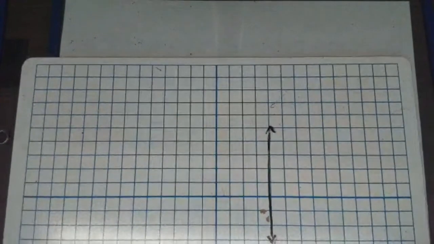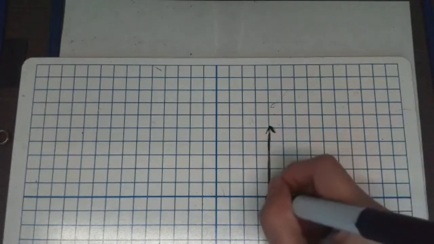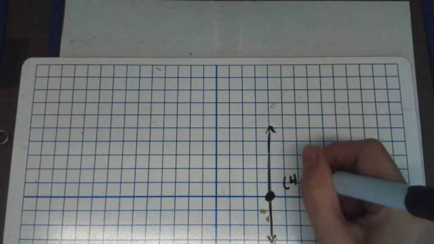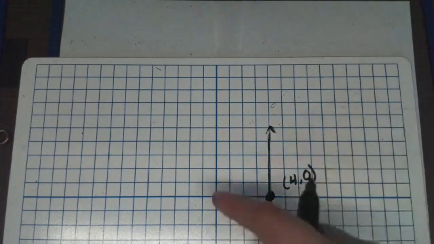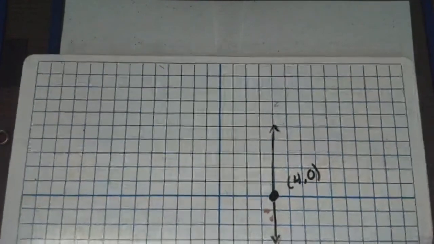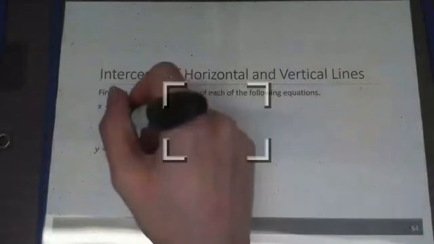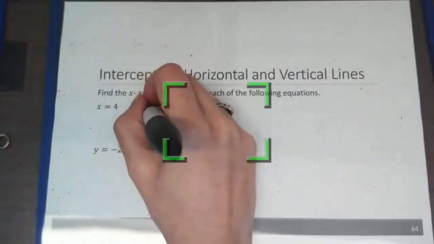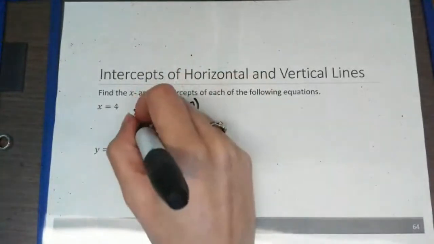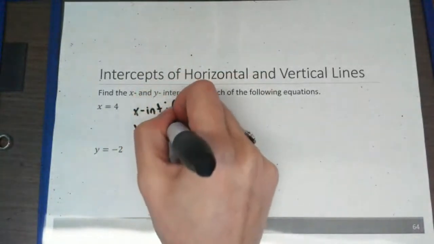We want to find the x and y intercept. Well, the x-intercept is where we cross the x-axis. That's this point here. It has an x value of 4 and a y value of 0. The y-intercept is where we cross the y-axis, but we don't. So this vertical line, x equals 4, has an x-intercept of (4, 0). But the y-intercept does not exist. There isn't one.